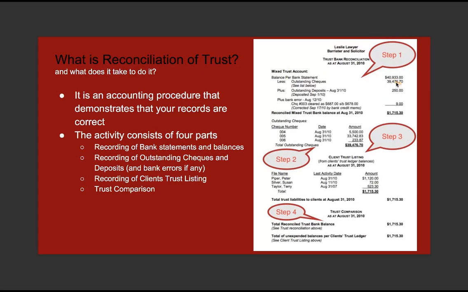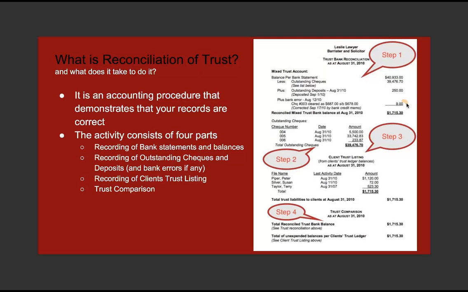Then you subtract out all the outstanding checks. There might be several checks that you could have issued to your clients, your settlements, mortgages. You subtract all of that. Then you add all your deposits. Maybe somebody gave you a retainer and you deposited it just on the 31st and the bank has not yet cleared it. You add that. Sometimes banks can have errors, like they might have given you interest, or they might have charged you bank fees.